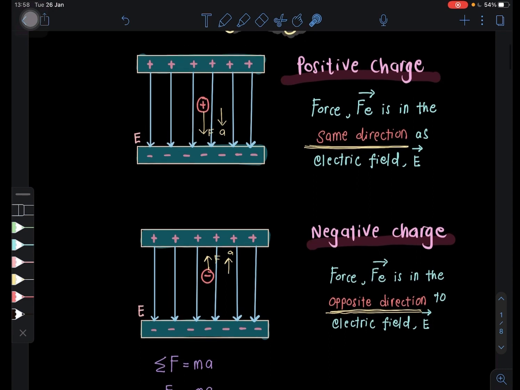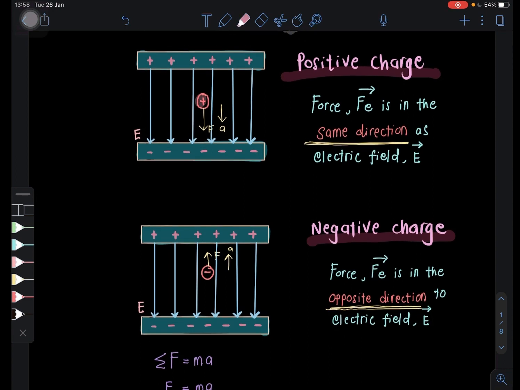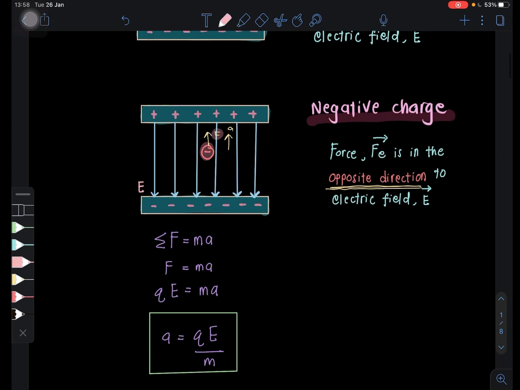So when we have these charges moving and we have a force exerted on this particle, it actually obeys Newton's law of motion, which is the sum of force is equal to ma. Why do we have this one? Because there is a motion, so this charge is moving, so there will be an acceleration, and this charge also has a mass. So that's why we are going to use F is equal to ma.